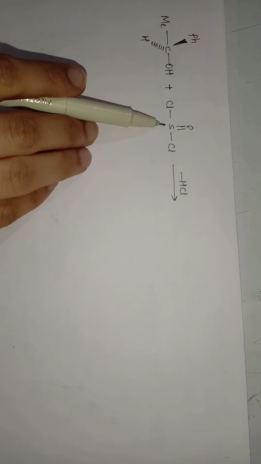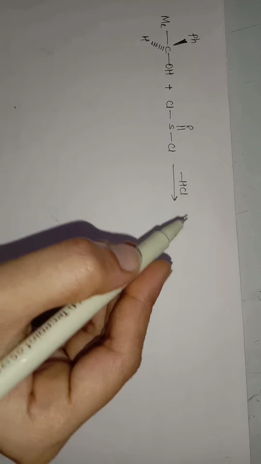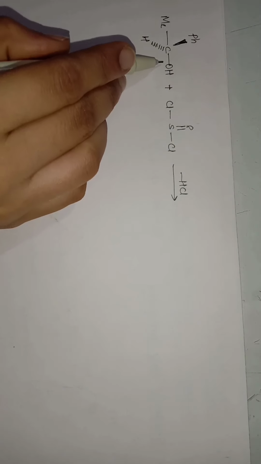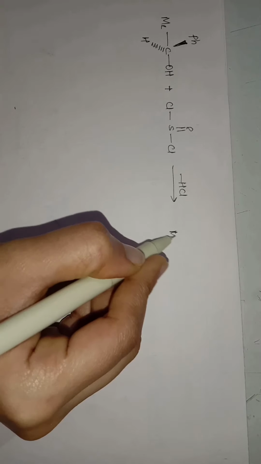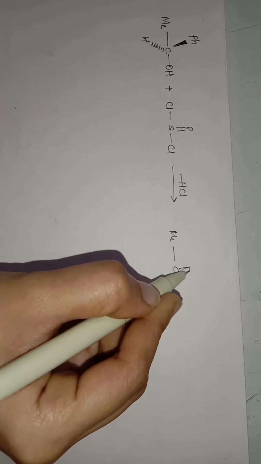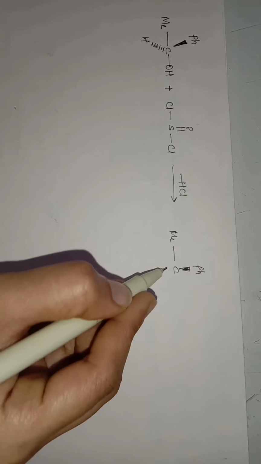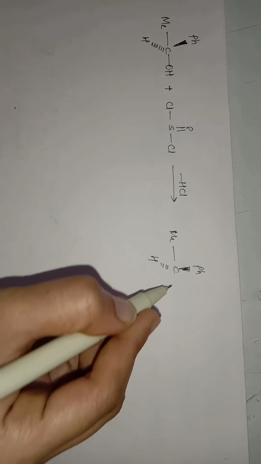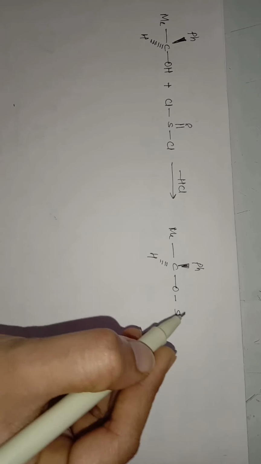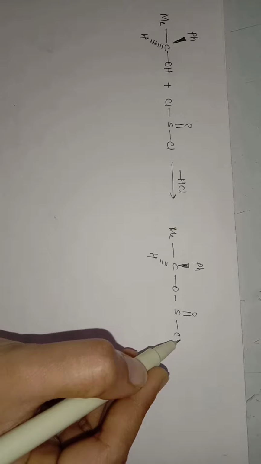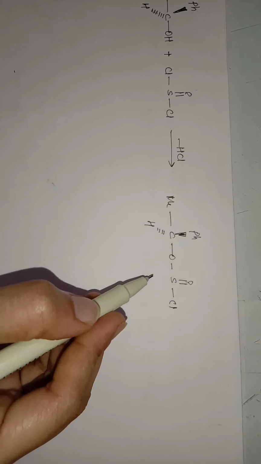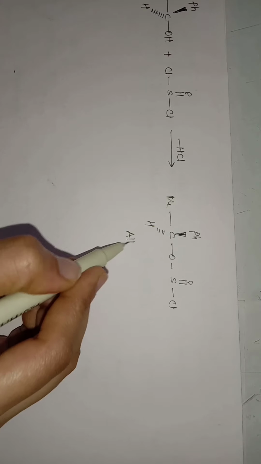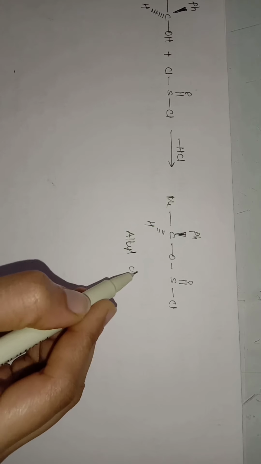In the presence of SOCl2, after minus HCl, this oxygen gets connected with the sulfur, and oxygen-sulfur bond formation takes place and HCl is removed. So now we have this compound, an alkyl chlorosulfite.